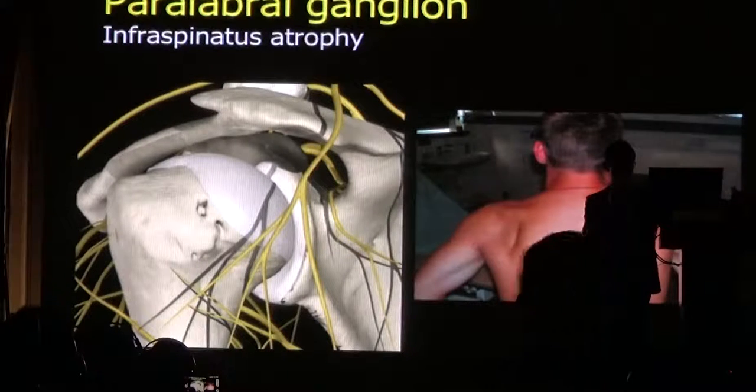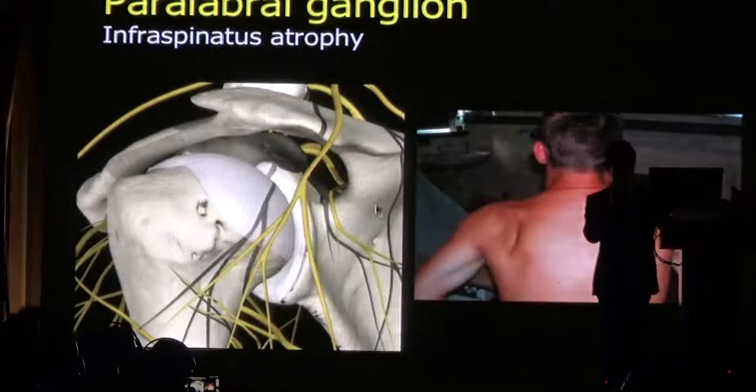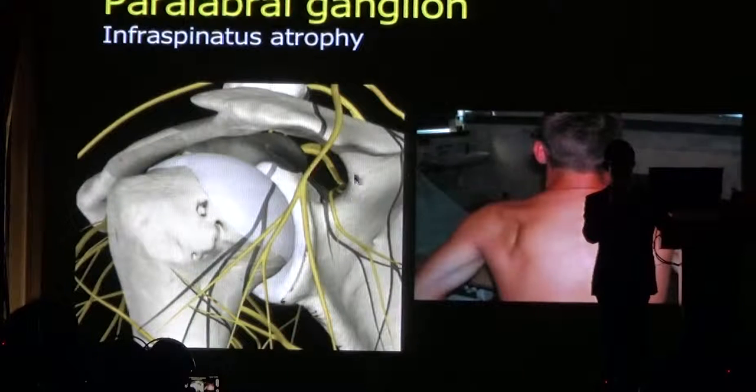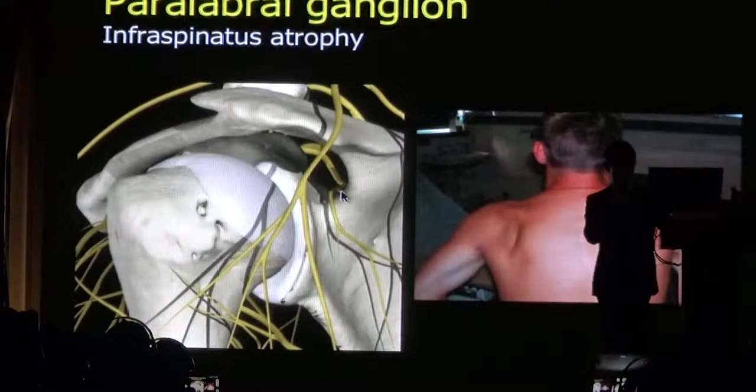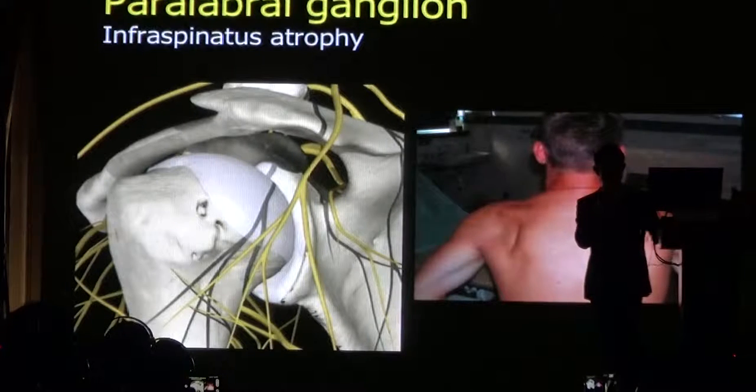And that's because there is compression of the suprascapular nerve as it exits the shoulder in this region here, which is the suprascapular notch or the spinoglenoid notch, it's also described as. And if you have anything that is occupying this region, such as a ganglion or a tumor, it can compress the nerve and result in atrophy of the muscle.